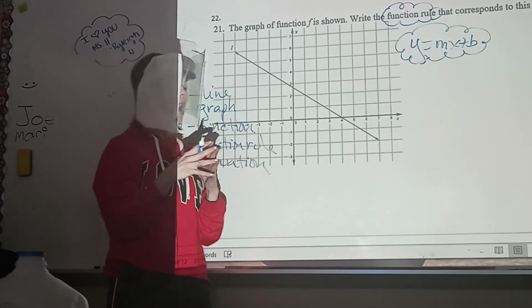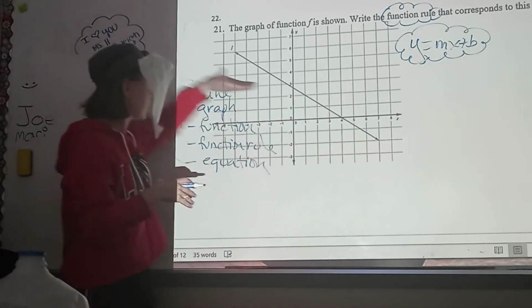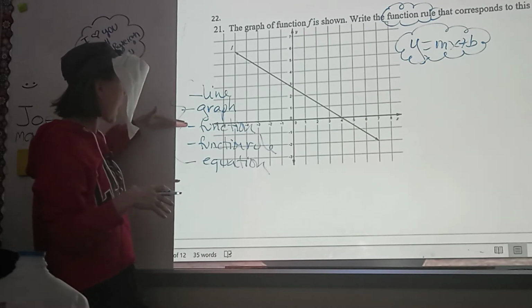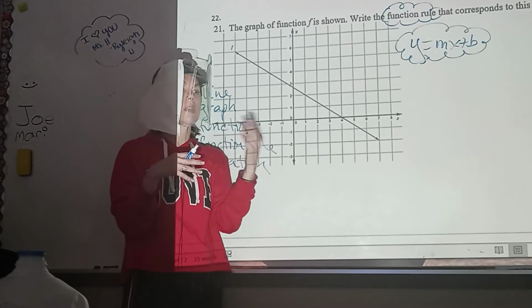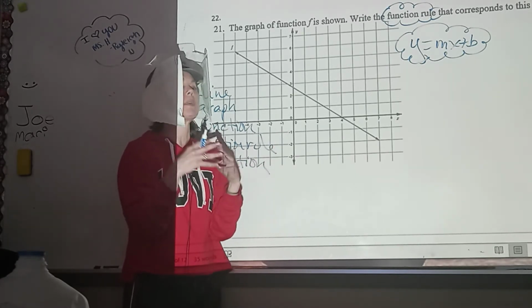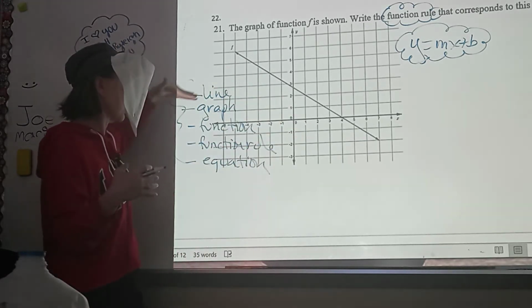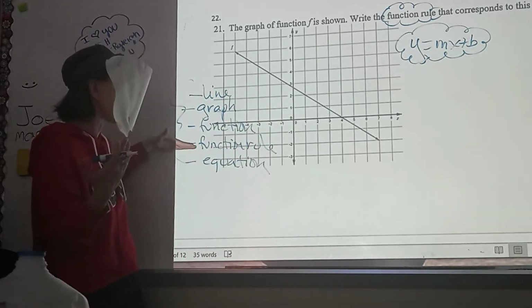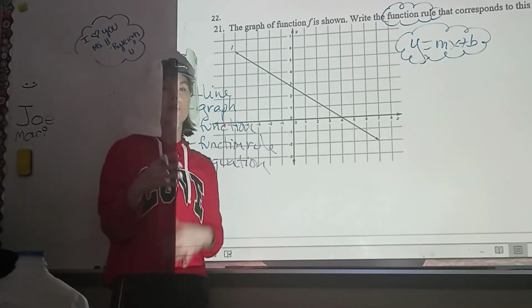It's crazy, but this line can be called any of the 5 terms here on the Algebra EOC, and we need to be aware of that, not get confused by it, embrace it, get comfortable with it. The line could be called a graph, a function rule, or an equation. It can be called any of those things.